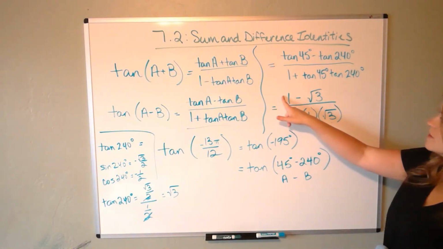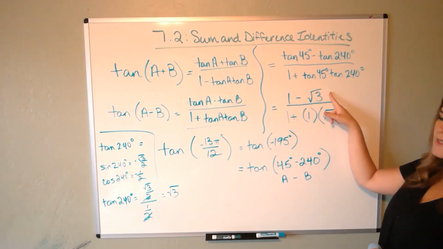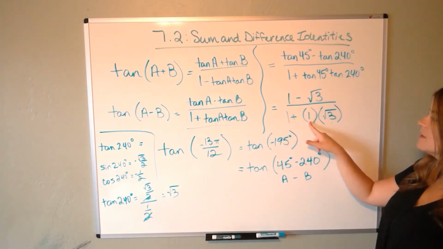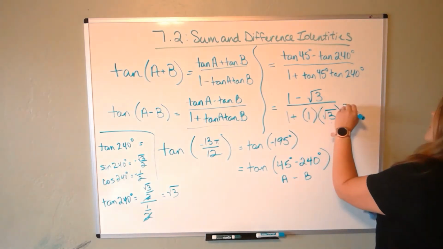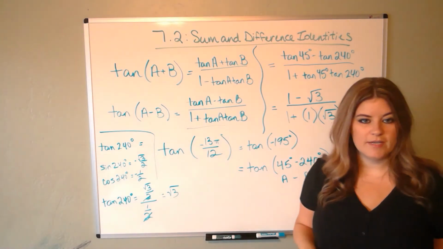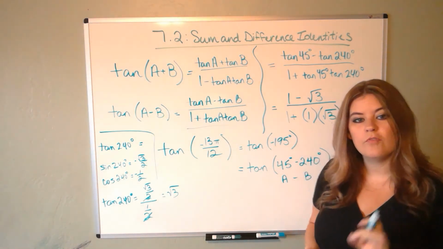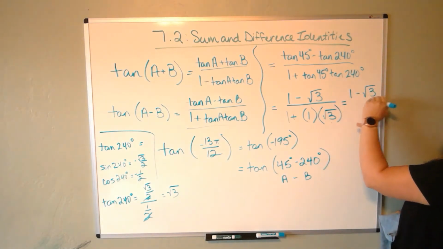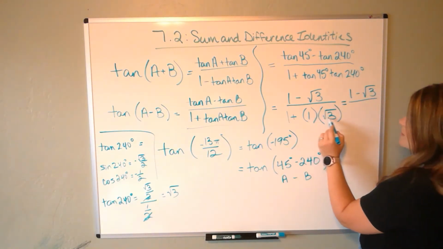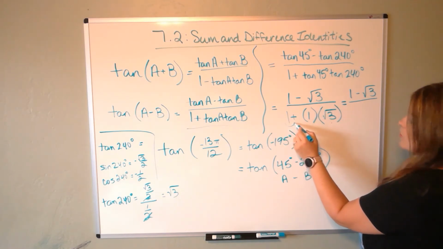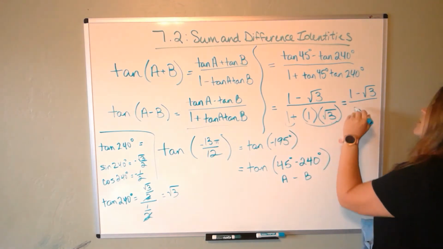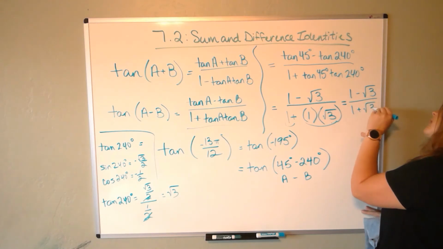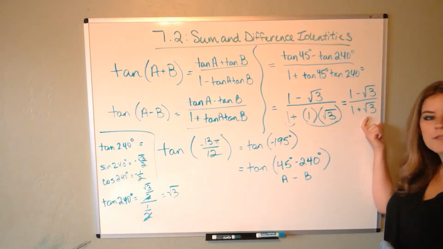So here's tan A minus tan B over 1 plus tan A tan B. Now, as far as simplifying this, you don't have to go too far. So I'm going to write this as 1 minus root 3 over, well, you guys, this 1 times root 3, doesn't this just end up being 1 plus root 3? And you guys, we're going to leave it like that.